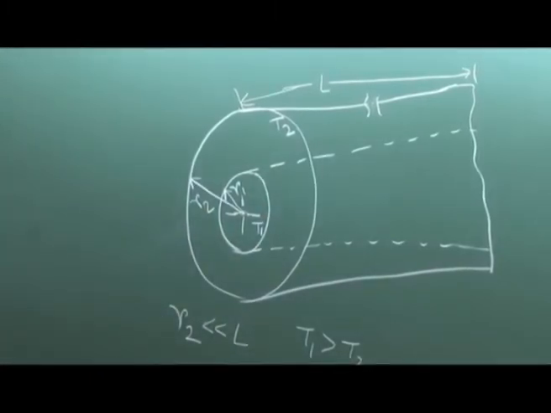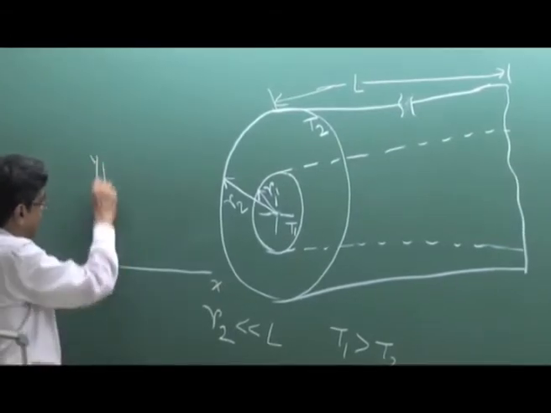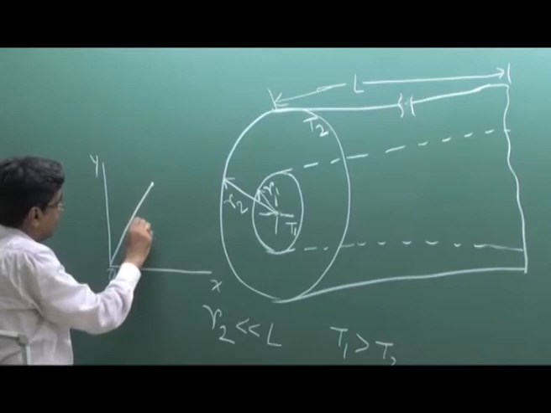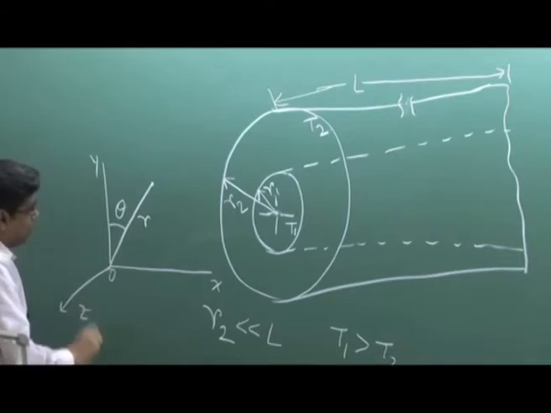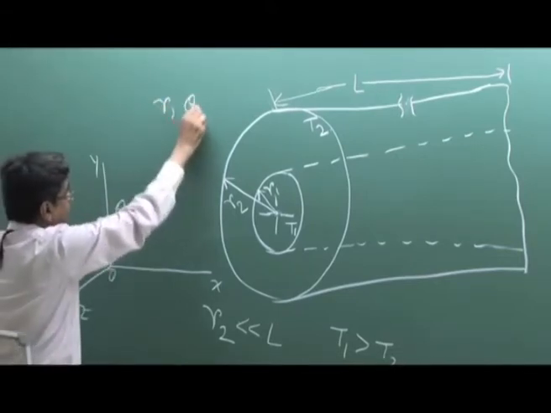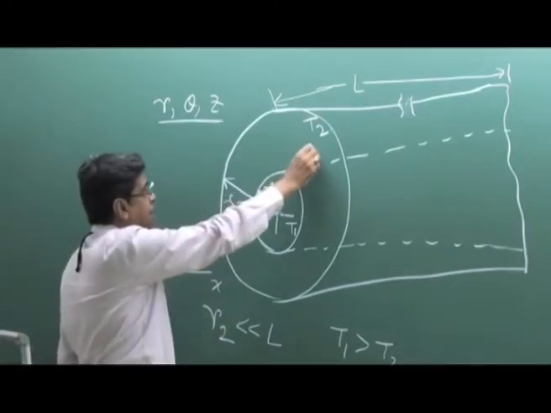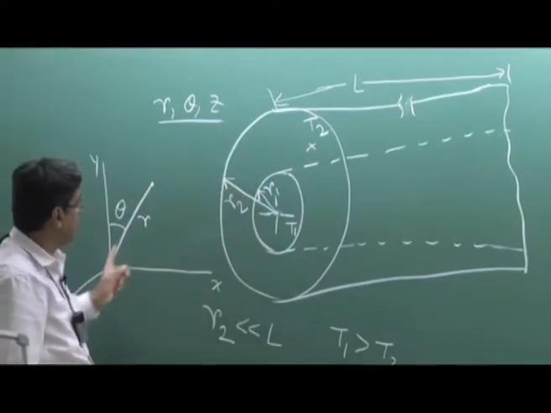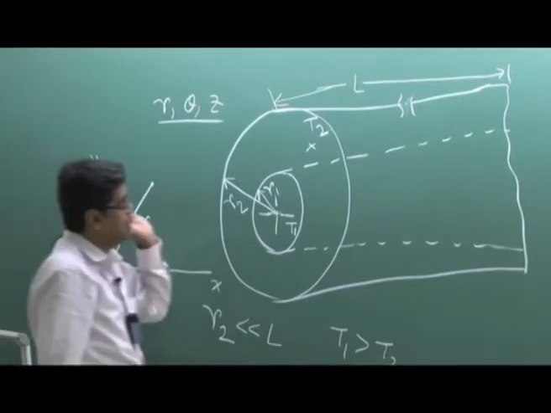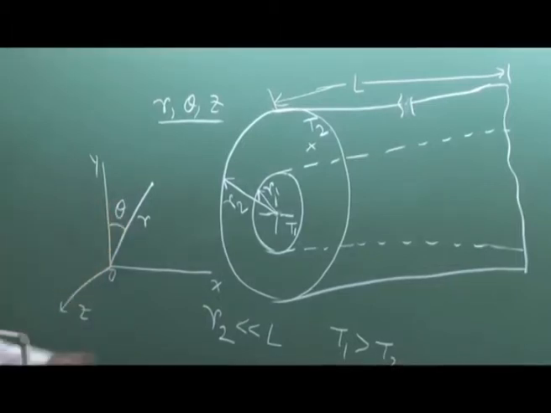This can be expressed in terms of the cylindrical coordinate system: R, the polar or azimuthal angle theta, and Z. So R, theta and Z is the coordinate system in which any point in the cylindrical wall from R1 to R2 can be specified, where Z is the coordinate along the length, and R and theta are the radial and azimuthal coordinates.